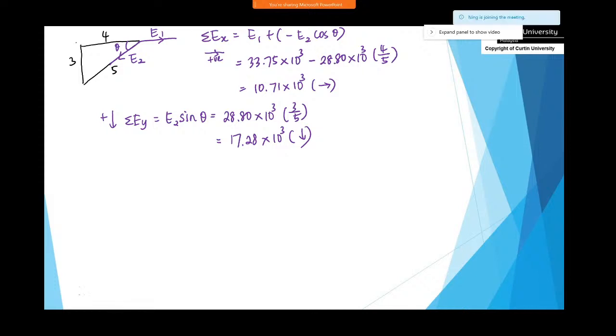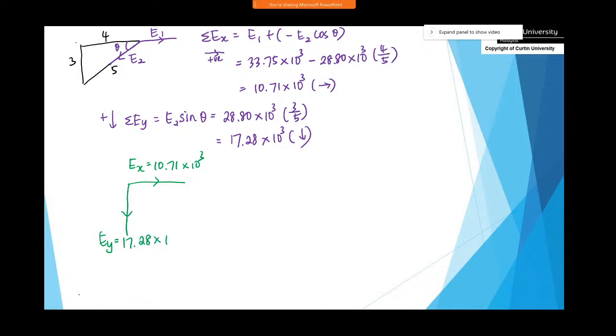So if you would like to draw them into your diagram, you get EX and EY, so your net field will be somewhere here also.